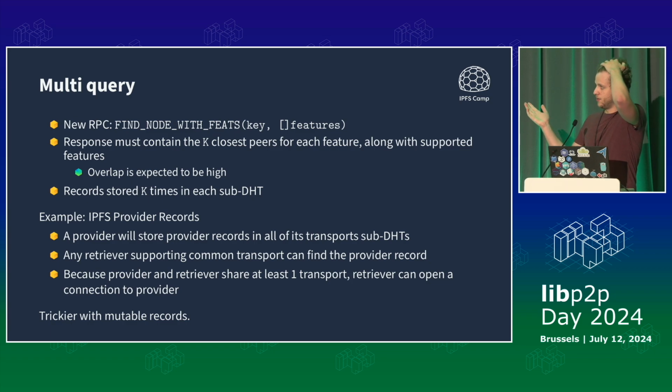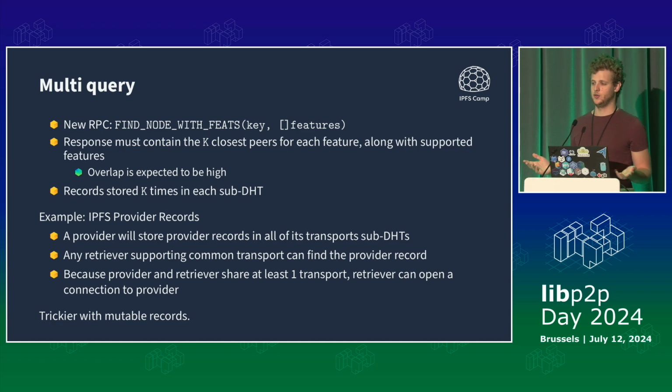Taking another example, with the IPFS provider records, if I want to provide some content, I will write it to all the sub-DHTs of the transports that I participate in. And it will allow all other peers that are sharing at least one common transport with me to find the provider records and then to open a connection with me.